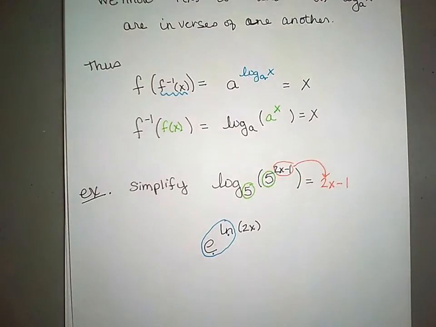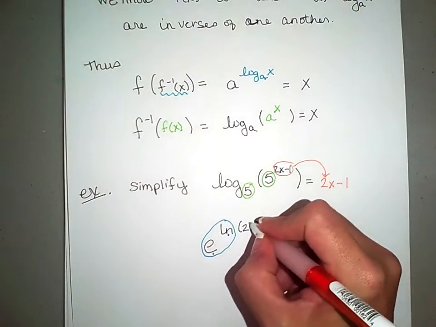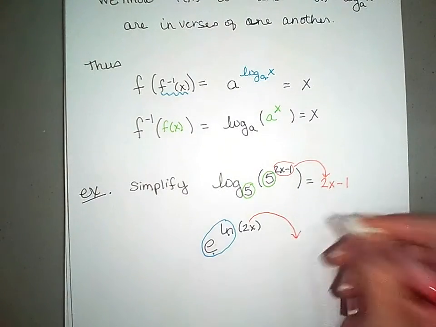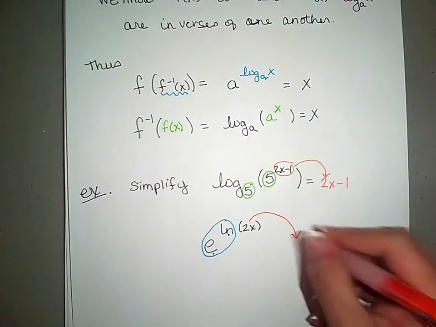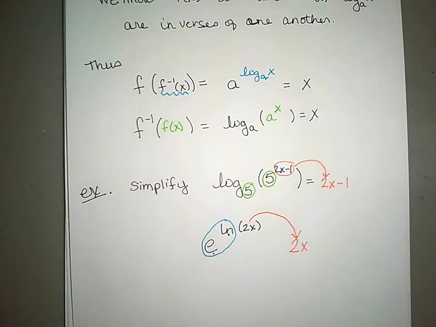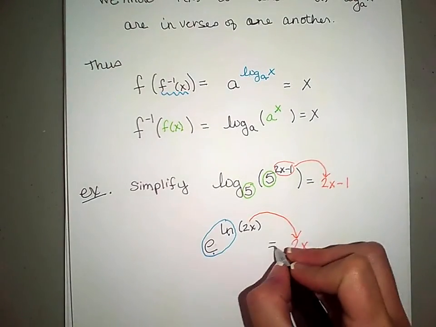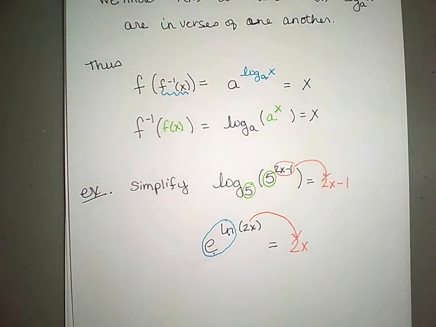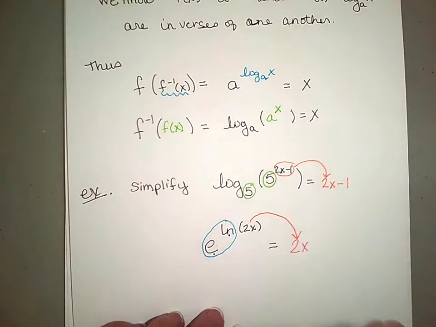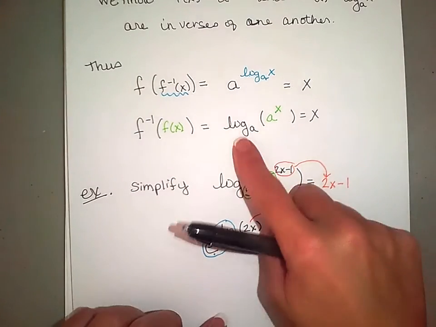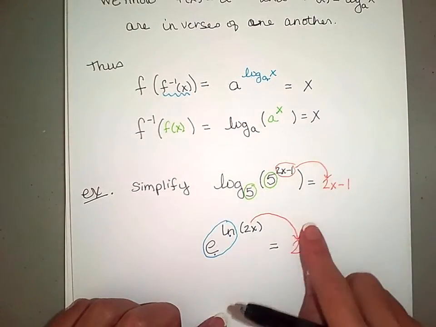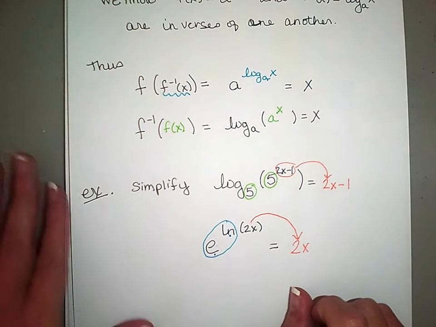So by definition of inverses, the answer has to be this argument. So this will just be equal to 2x. This will take a little bit of practice in getting used to seeing this notation, but once our eyes become accustomed and our brain understands that these are undoing each other, they become quite simple problems.